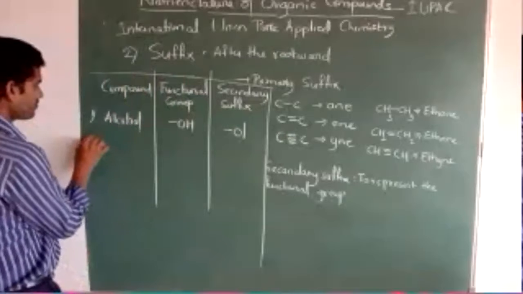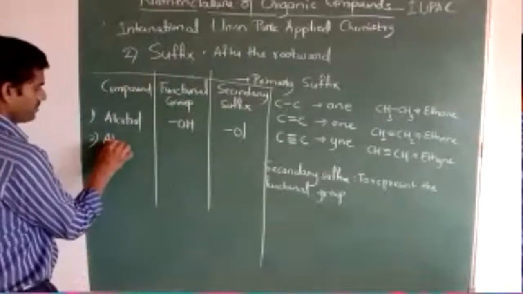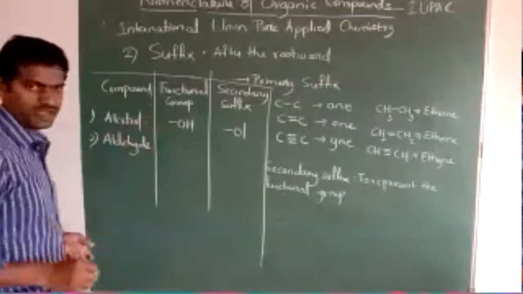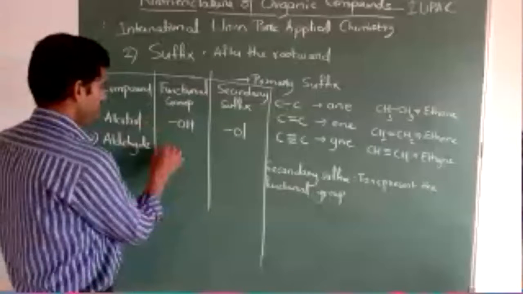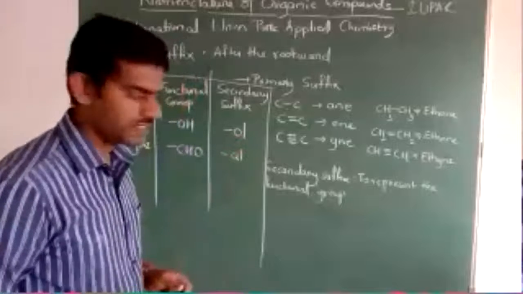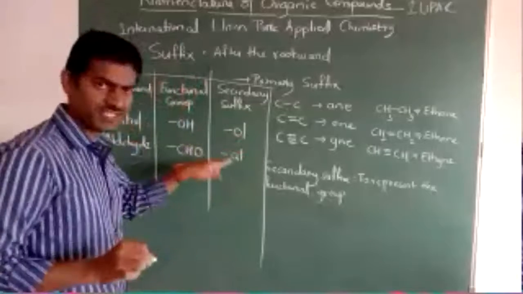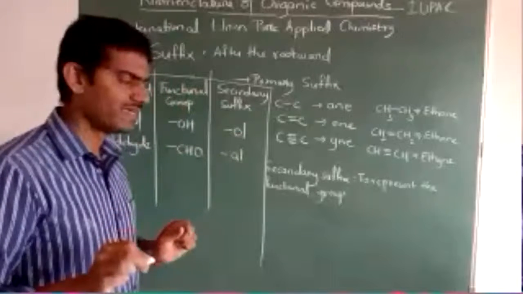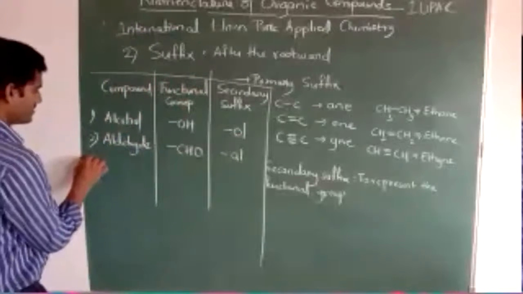Next, aldehyde. The functional group is CHO, and the secondary suffix we use is AL. If an aldehyde is present, the chain always ends with AL.